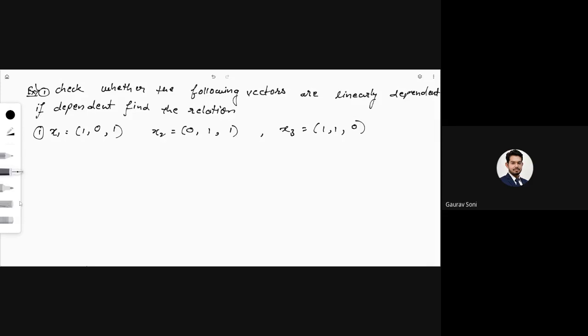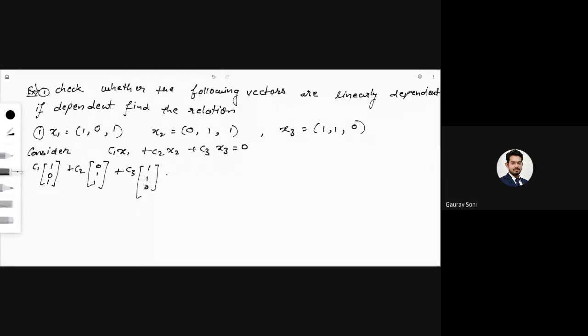So first step, consider c1 x1 plus c2 x2 plus c3 x3 is equal to 0. So in that, what we will have is c1 times the first vector 1, 0, 1 plus c2 times 0, 1, 1 plus c3 times 1, 1, 0.